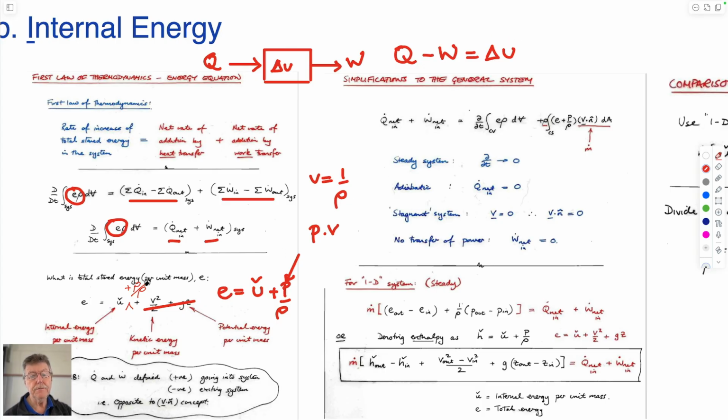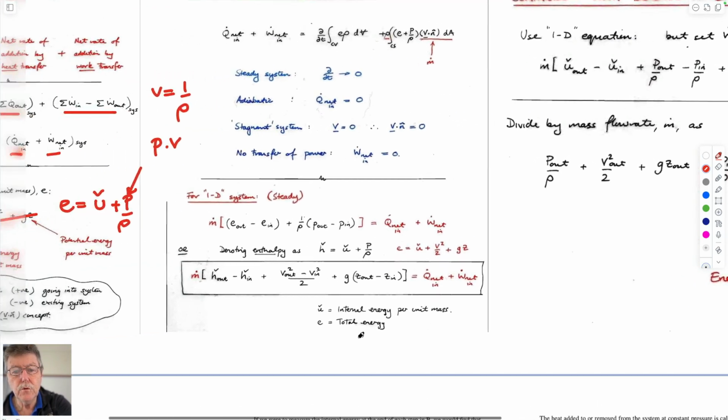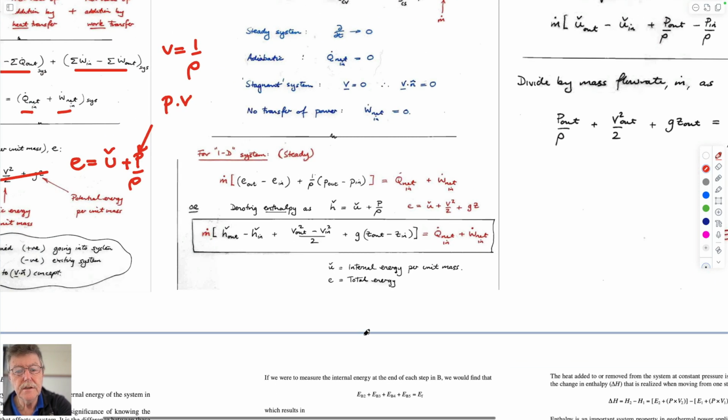And so if we define it here, it's heat net in plus work in equal to changing internal energy in the system. And the way that we defined it was to define it in terms of these two terms were combined in terms of enthalpy.